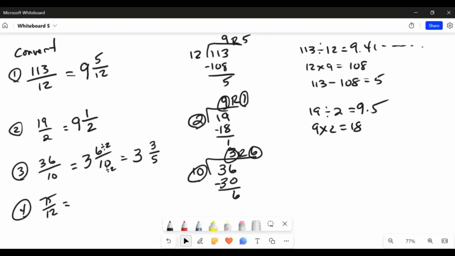So write your whole number part, then put a space and put what your fractional part would be. So we're converting 75 over 12.